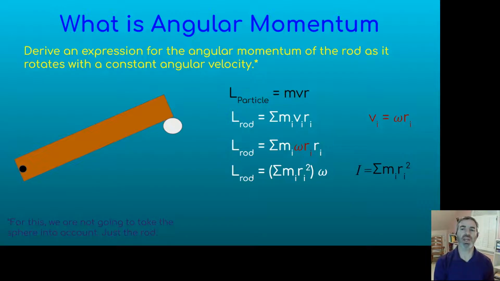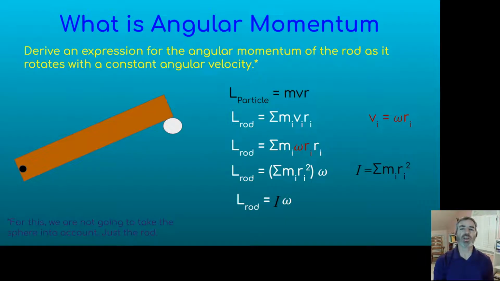So we're looking at the rotational inertia of that rod, and you can look at the rotational inertia video that's linked up above if you can't remember the rotational inertias. So the angular momentum of the rod is the rotational inertia of the rod times its angular velocity.